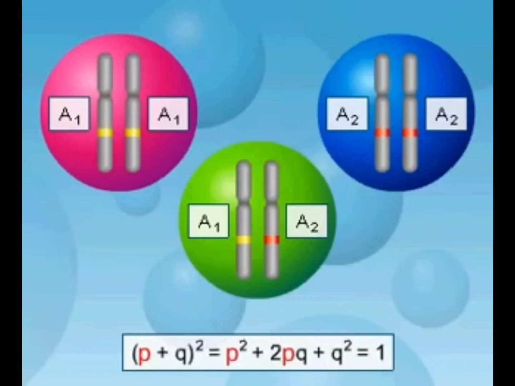If p is the frequency of allele A1 and q is the frequency of allele A2, then the frequencies of both alleles are shown by the equation (p + q) squared equals p squared plus 2pq plus q squared equals 1, where p squared is the frequency of the combination A1A1, 2pq is the frequency of the combination A1A2, and q squared is the frequency of the combination A2A2.